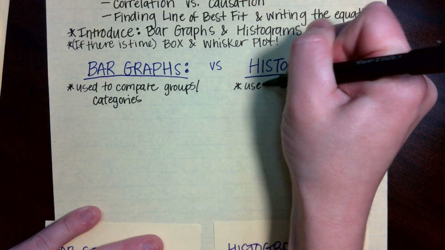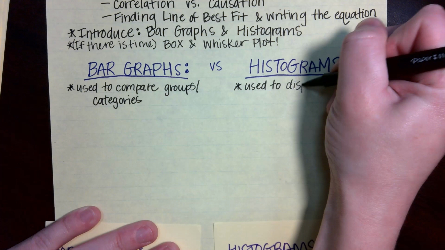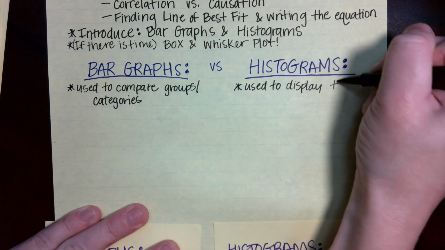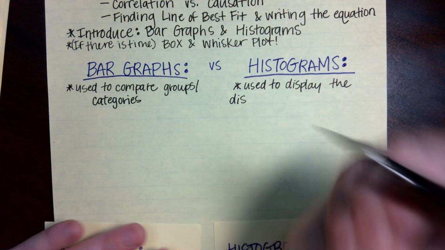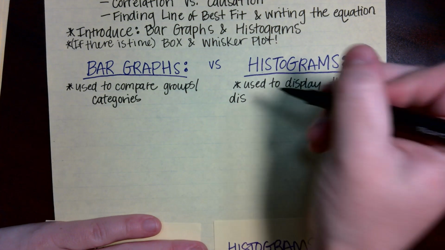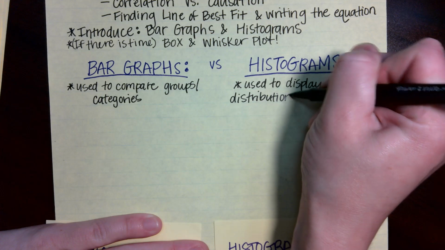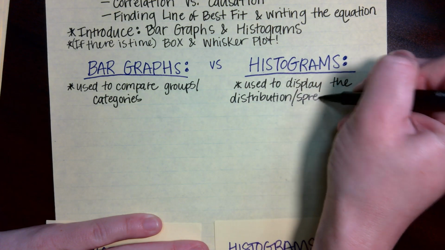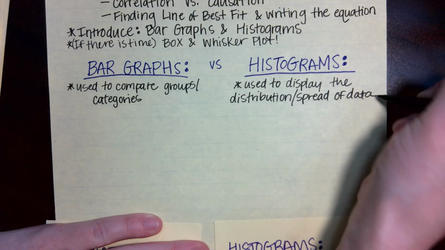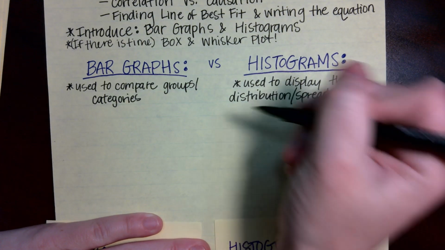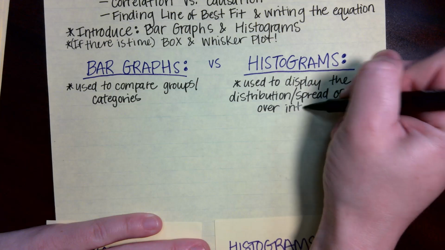Used to display the distribution, and that's also like the spread of the data. And that's separated over a few different kinds of intervals.